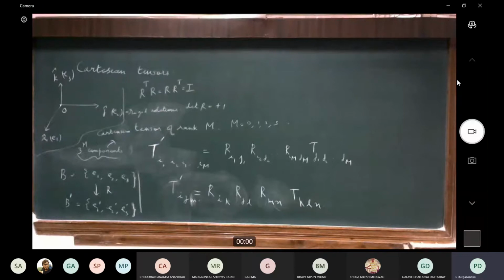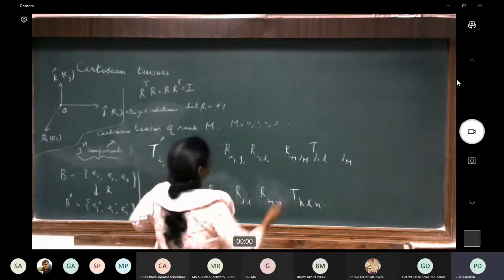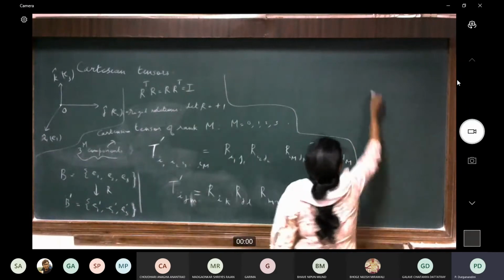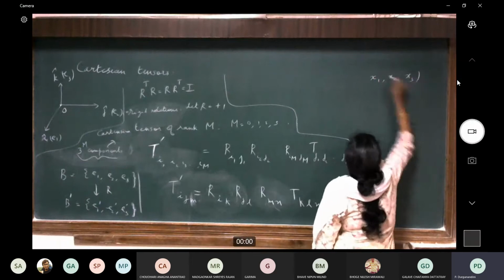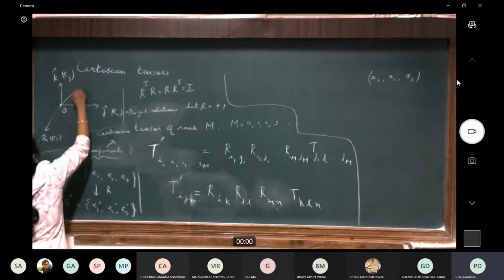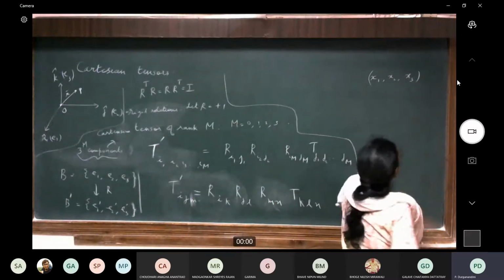And yesterday I demonstrated for you with an example of tensors, and in particular we took vectors at that point. So we saw that if I have the usual position vector, some point P, then R has these three components x1, x2, x3, the x, y, z components along the axes.